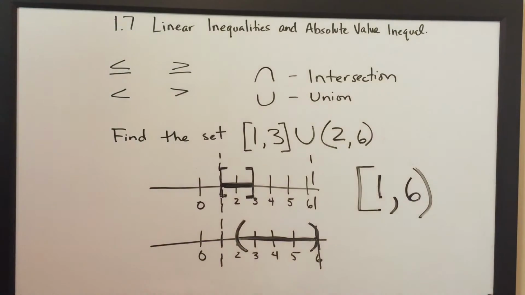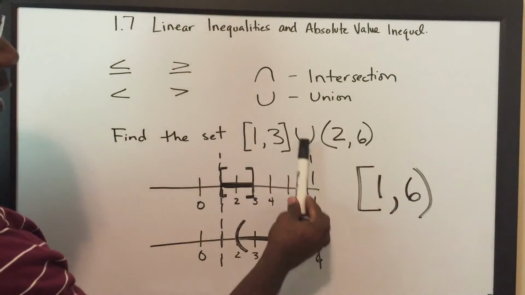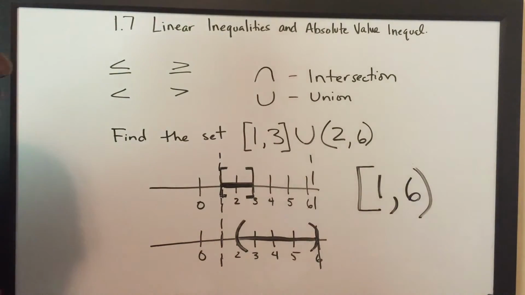So that's how we graph and interpret these things here, intersection and union, and understand how they relate to the graph, as well as understand their meaning.